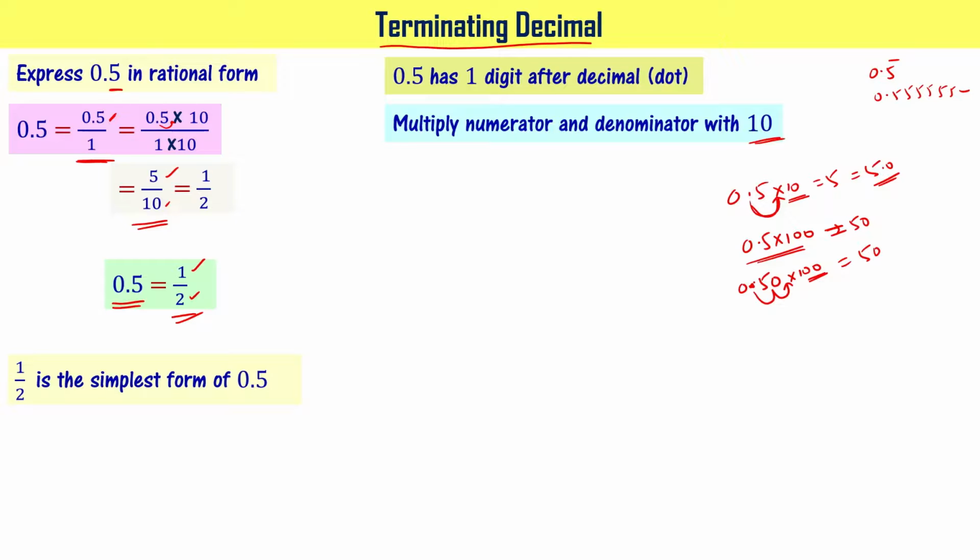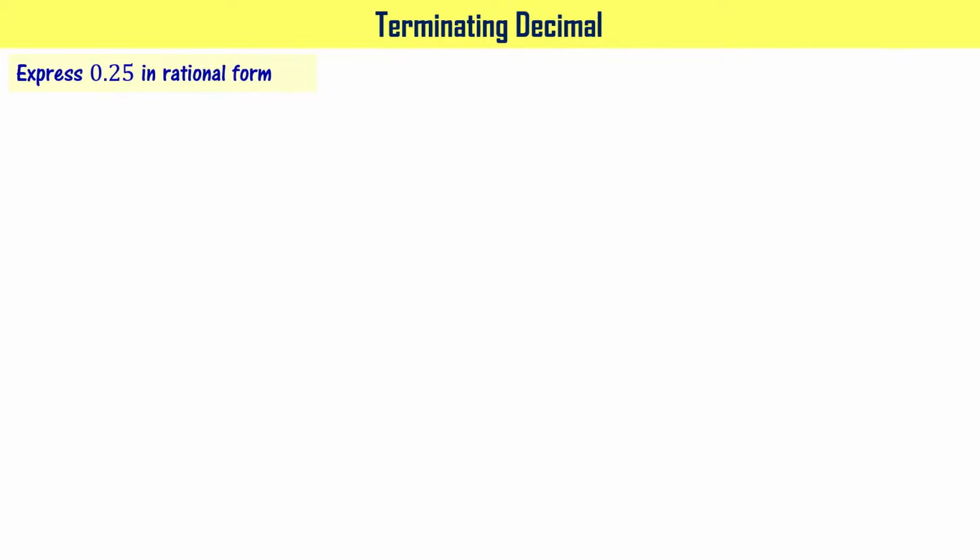Let's see another problem. Let's express 0.25 in the rational form now. Can I write 0.25 as 0.25 divided by 1? As I said earlier, this is not a rational number. After the dot, I have 2 digits in 0.25.